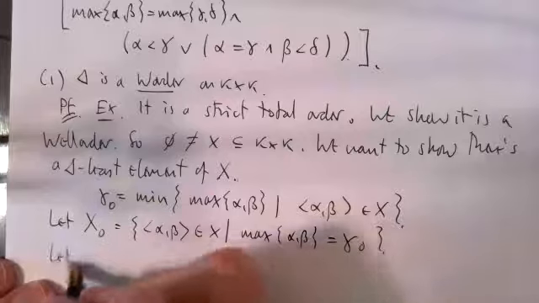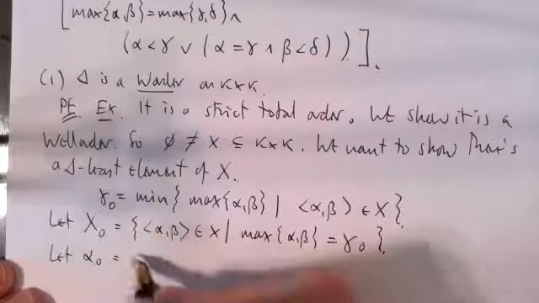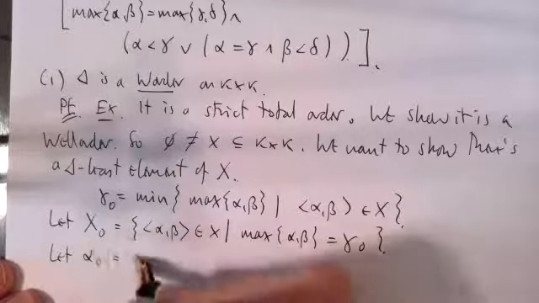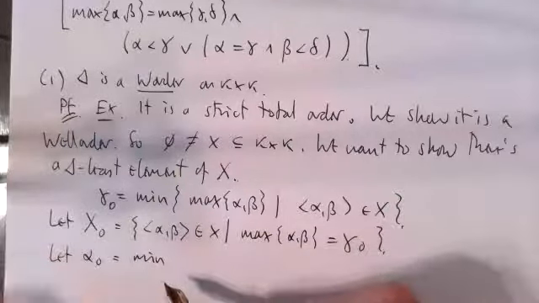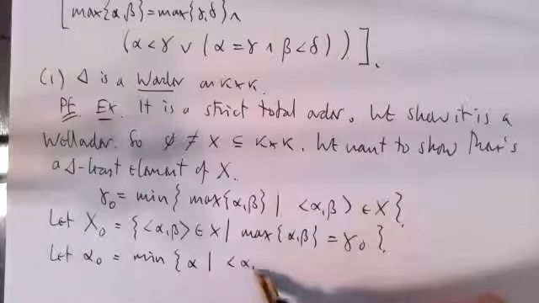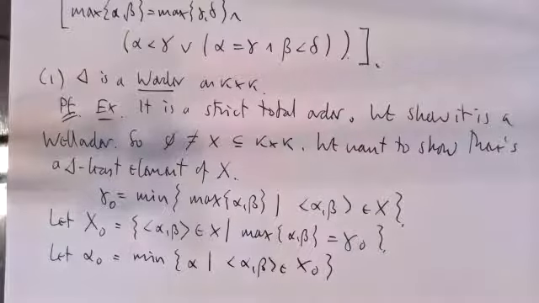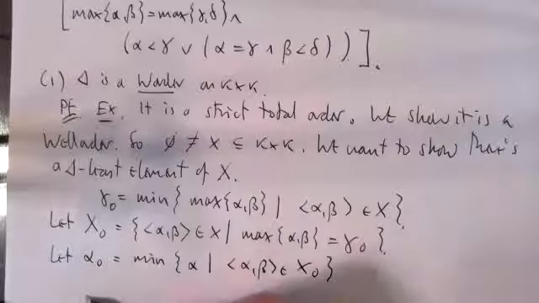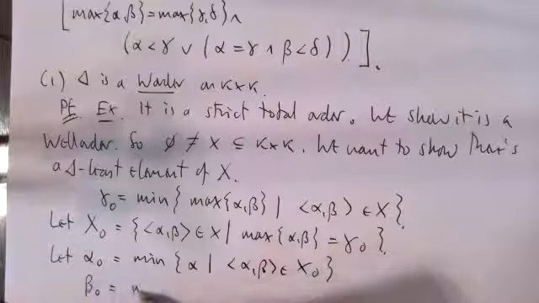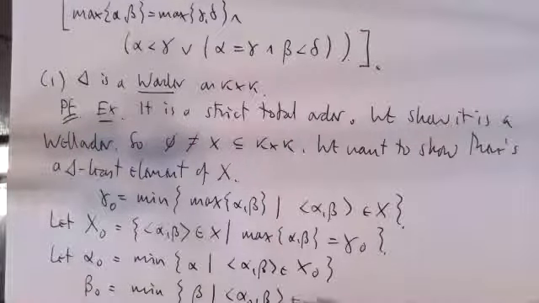We let alpha 0 be the least first coordinate for the things in X0, so the minimum of the collection of alphas such that alpha beta is in X0. Similarly, we let beta 0 be the least thing so that alpha 0 beta is in X0.